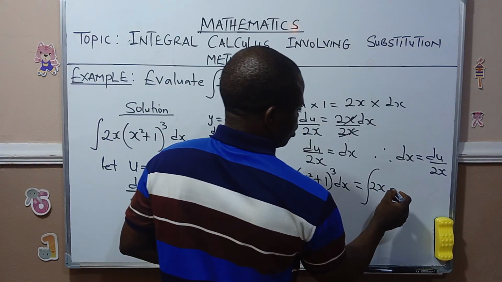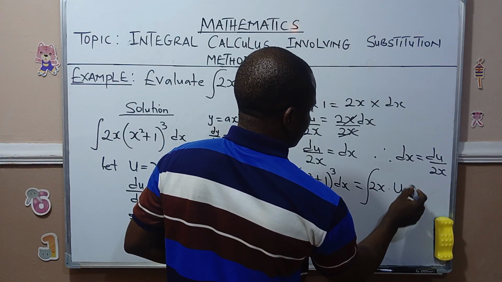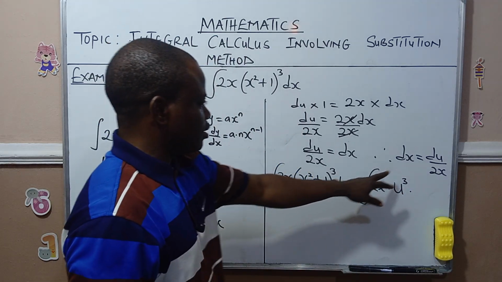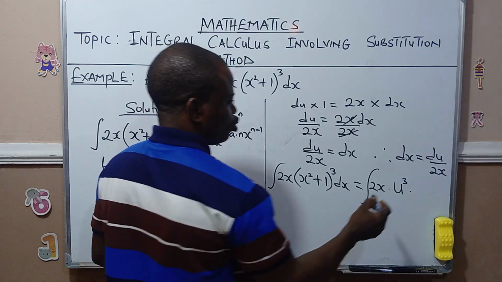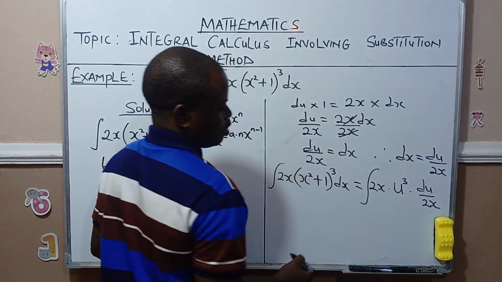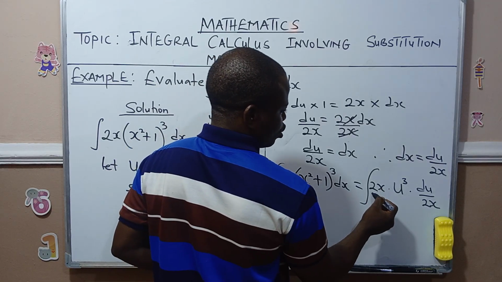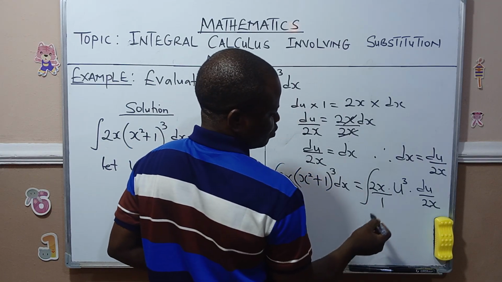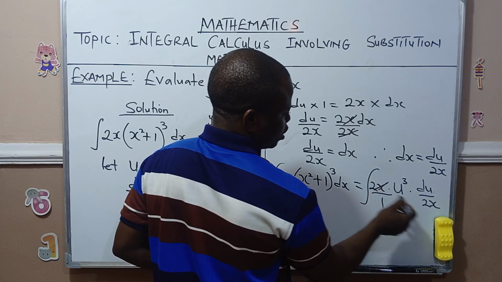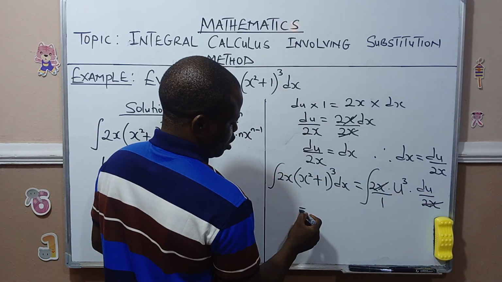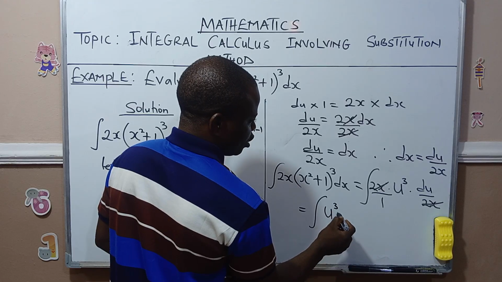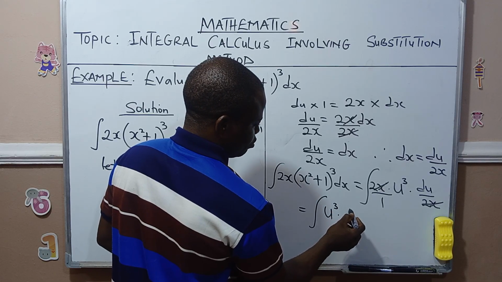Let's put it, multiplied by u raised to power 3, multiplied by, what is our dx? dx is du over 2x. From here, all this 1 is over 1. This 2x is 2x over 1. 2x cancels 2x. You now have the integral of u raised to power 3 multiplied by du.